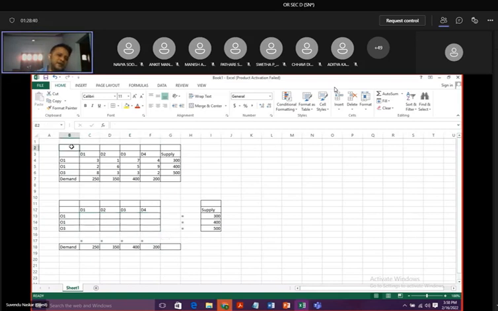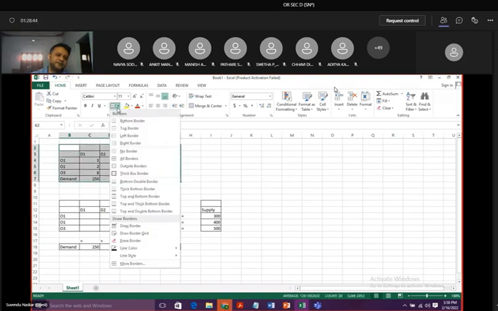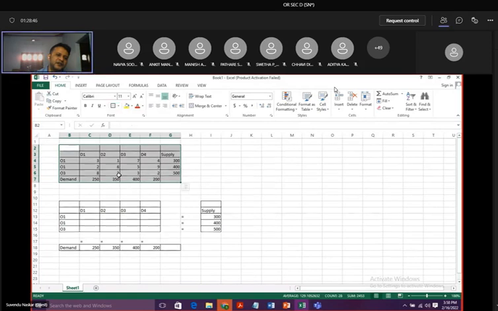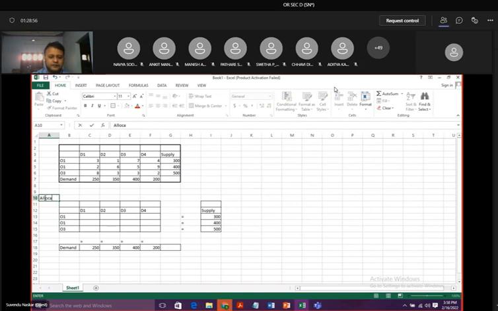This is the problem statement. Now this is the allocation, and this is the total demand.